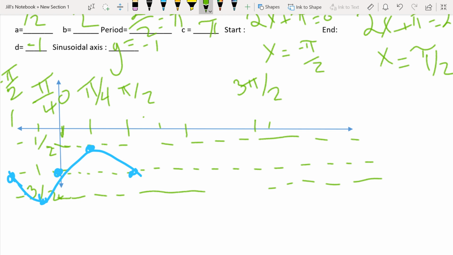So then you're going to need your points. So that's pi over 4, 2 pi over 4. This would be 3 pi over 4. This would be pi. Wait, do I have my points? I have too many points. So this is pi over 2, 3 pi over 4. Yeah, I've got too many points. I need this one.